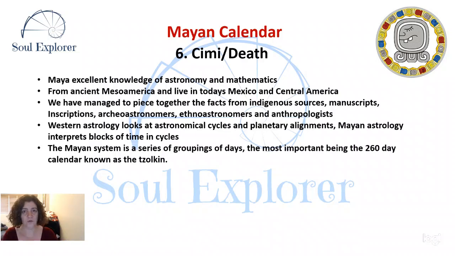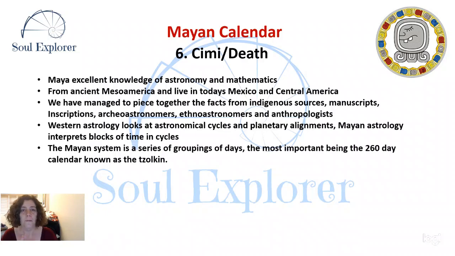And what that is, there are only 20 day signs. So think of all those 20 day signs. Each of those day signs has 13 days dedicated to it. So if you had a Mayan astrology reading, you would have a day sign, and you would also be born in a certain period in the Tzolkin, which would be one of the 13-day cycles linked to another day sign.